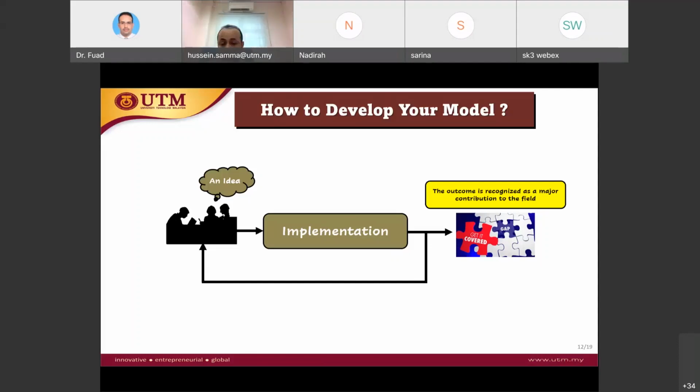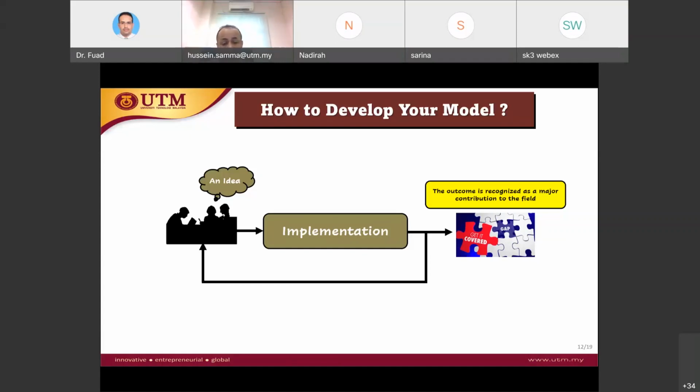Because here we are talking about the experimental part. It is a process. It takes time, and you have to focus on your problem. You have to be creative in proposing the idea. You have to find the pain point of the model. You have to figure out which parameters have more influence than others.